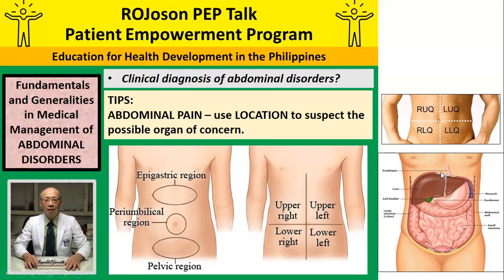If you have some symptoms or pain on the right upper quadrant, the liver or the gallbladder might be involved. If you have pain on the left lower quadrant, you might consider problems in the intestines and also in the uterus and the ovaries in this area.